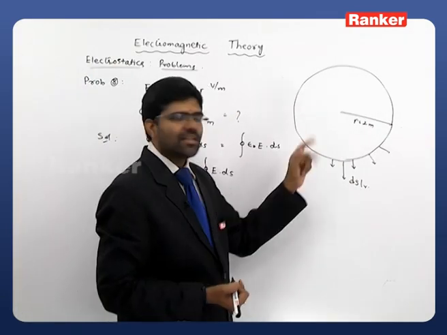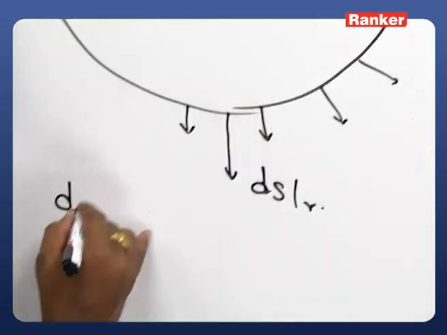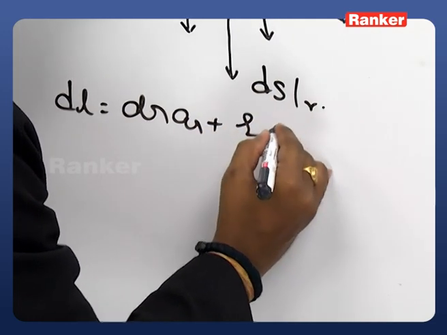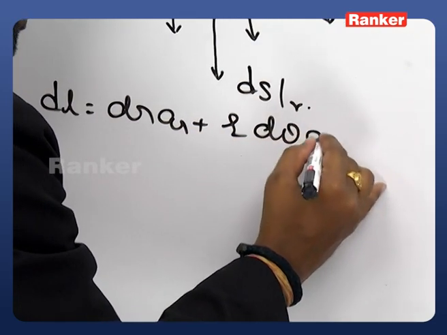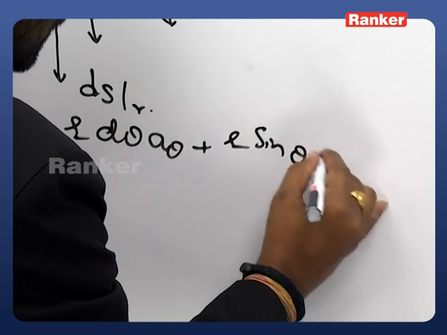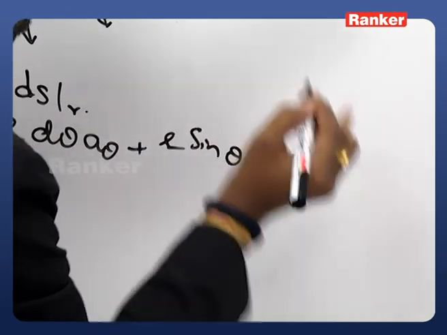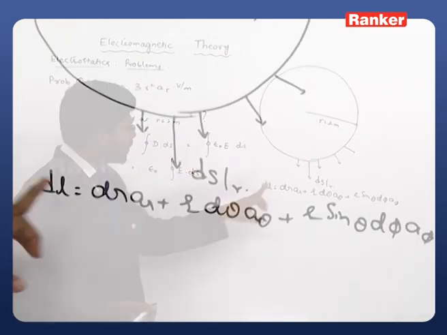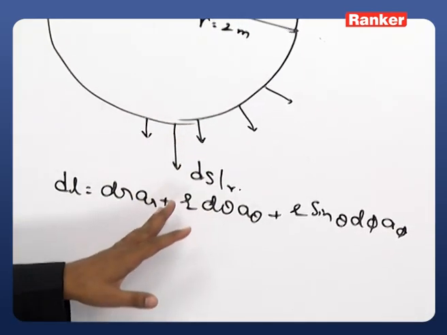Once again, take your dl equation. Differential length is equal to dr a_r plus r d theta a_theta plus r sin theta d phi a_phi. This is the differential length equation. As I said, we can obtain the differential surface in any direction using this single equation.